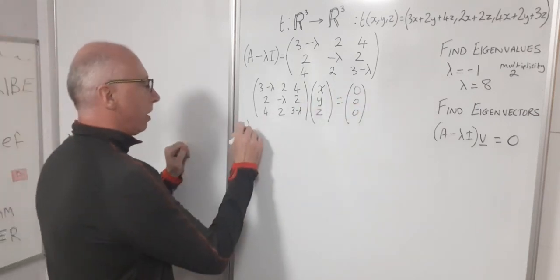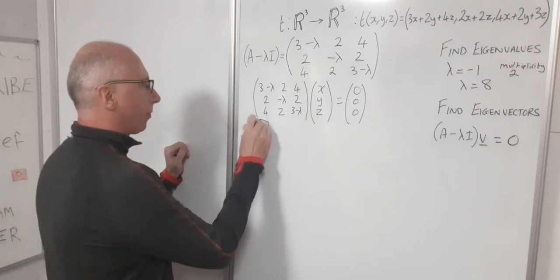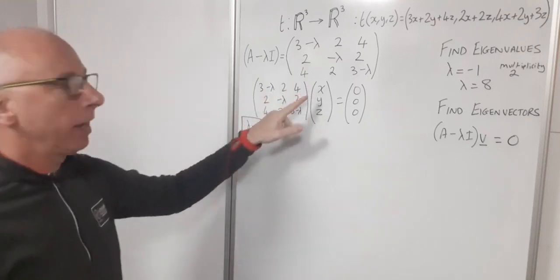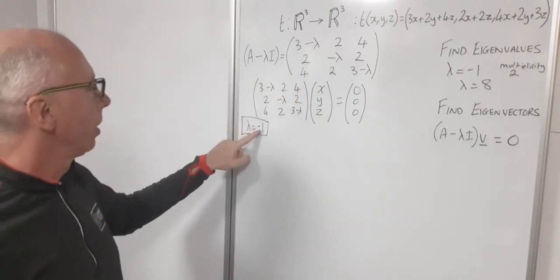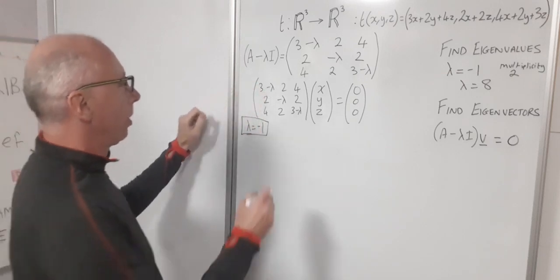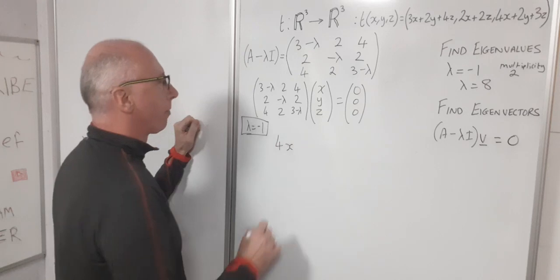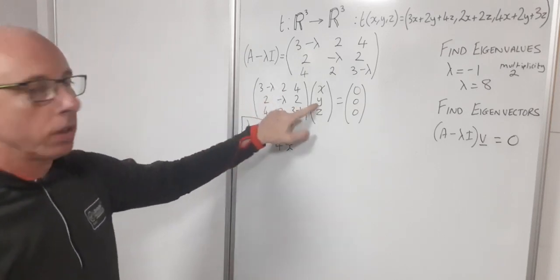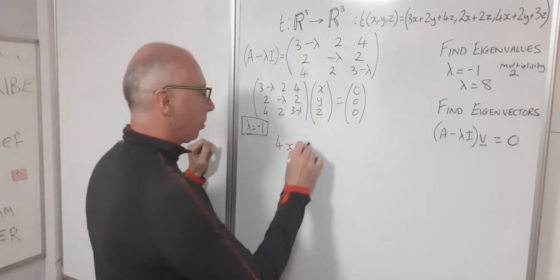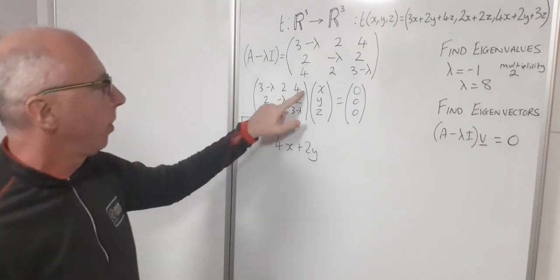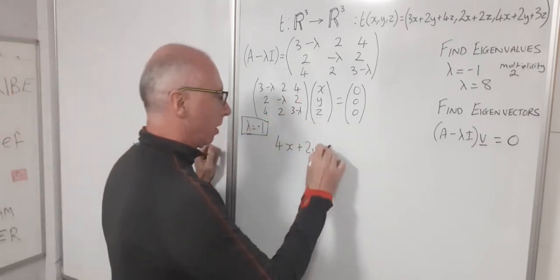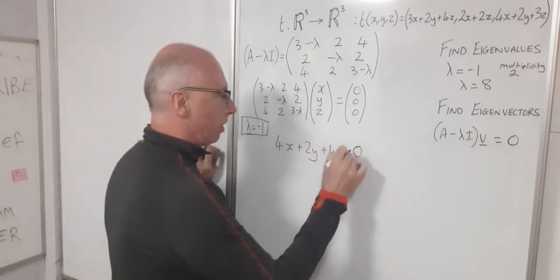But if lambda equals minus 1, plug that in here and we'll get some sort of equation. So 3 minus minus 1 will give me 4. Multiply that by x. Then I've got 2 times y, so plus 2y. And then 4 times z. And that will be 0.